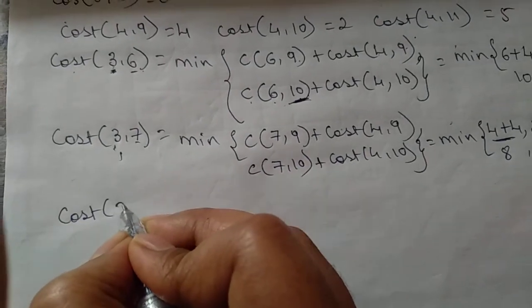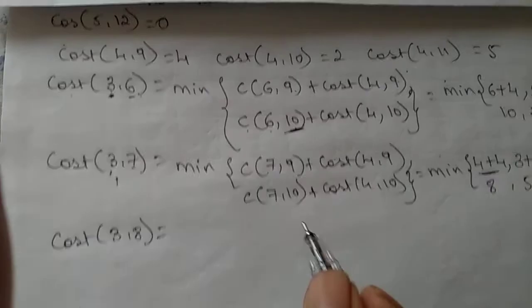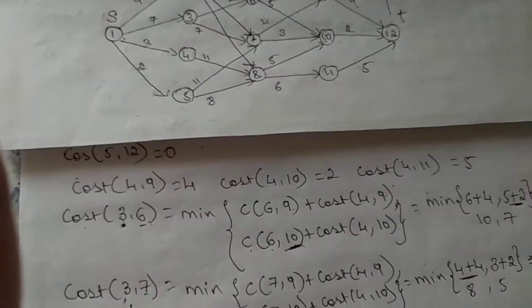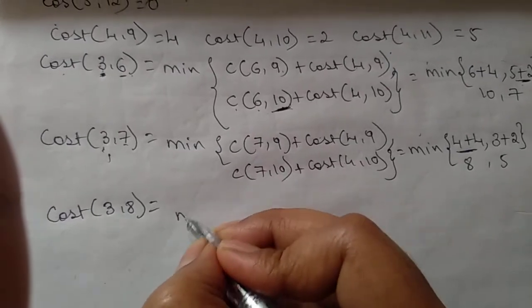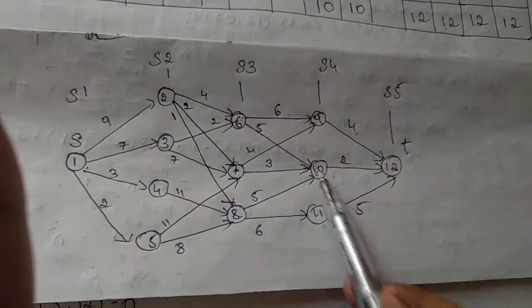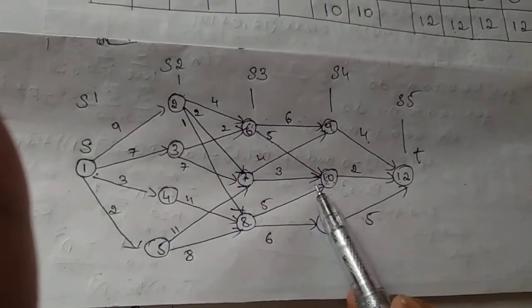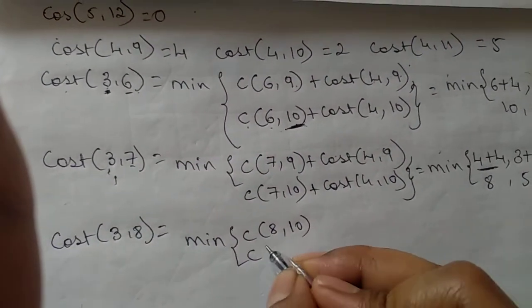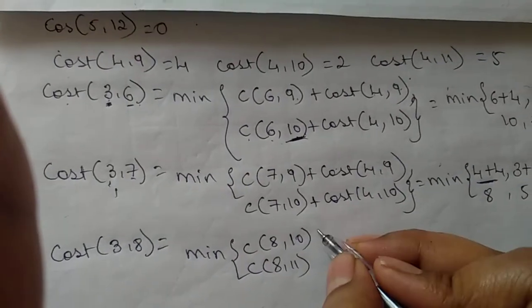Cost of 3, 8. In stage 3, 8th vertex I am taking. Min C of 8, from 8 where it is going? 10 and 11. See here, 8 to 10 and 8 to 11. So which is the next vertex? 10. One more is 8 to 11.